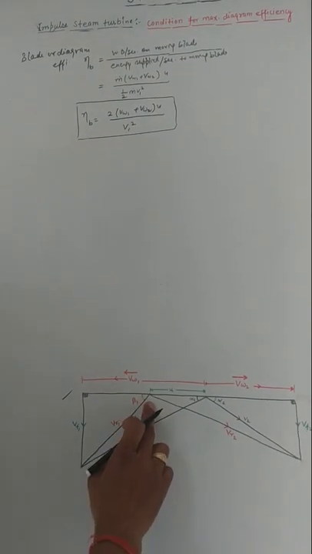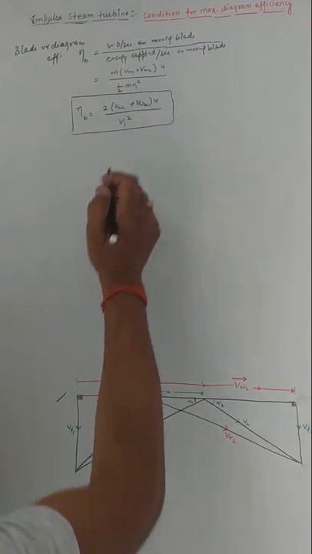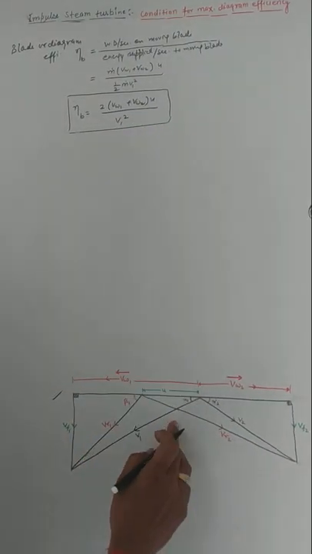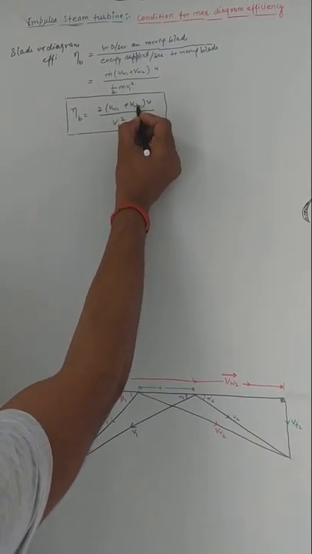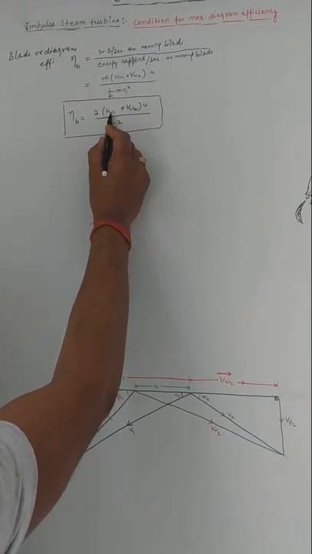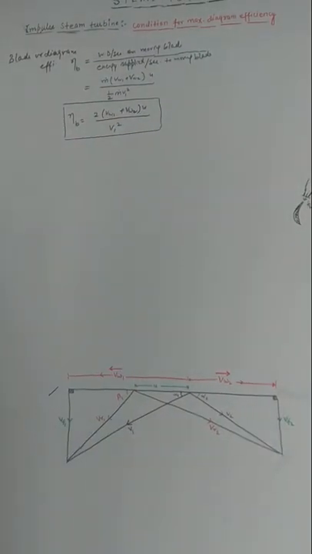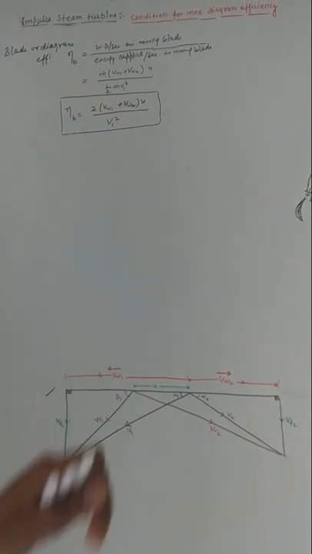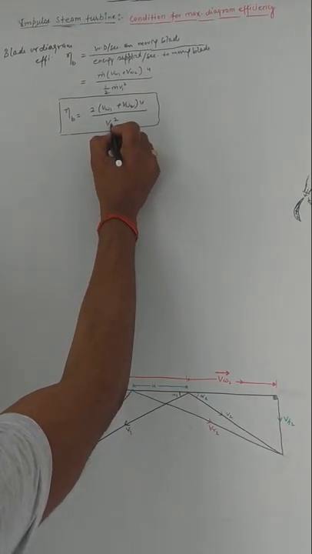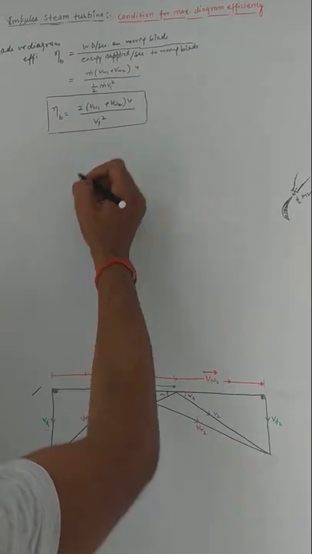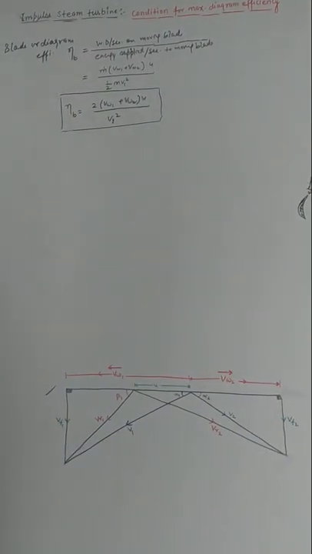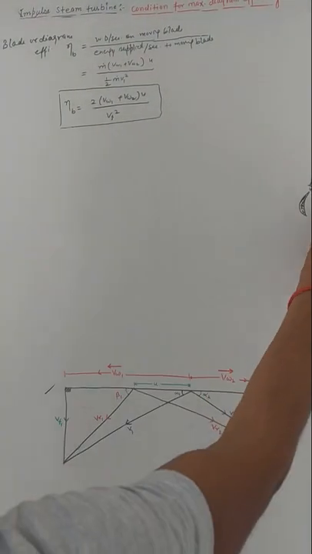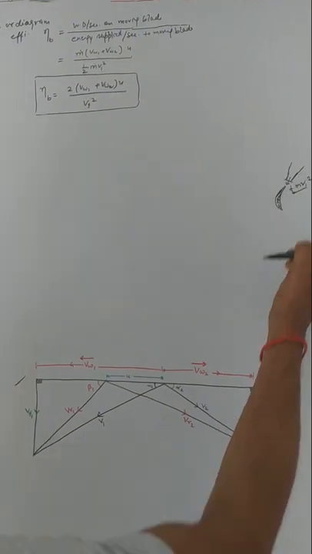From these velocity triangles we can write Vw2 in terms of Vw1, and Vw1 is also written in terms of the absolute velocity at the inlet. Absolute velocity is responsible for the power generation or work done at the moving blade, because this is the energy produced at the exit to the nozzle.